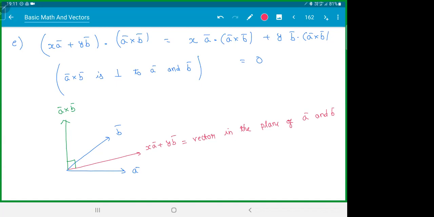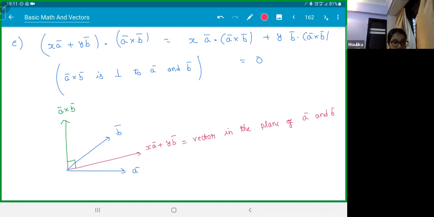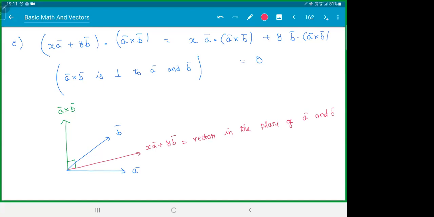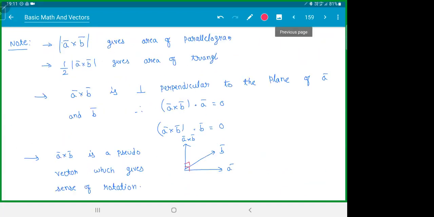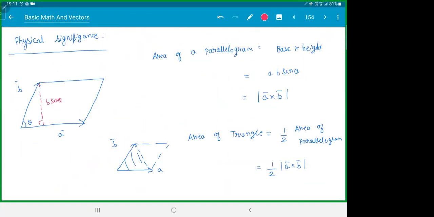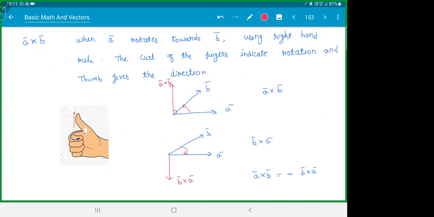Which two are perpendicular? Malika? Sir, that A bar cross B bar is perpendicular to A bar and B bar. But I had just written this. Ah, sir, but that is the whole definition, na? See, when we wrote here A bar and B bar, what is A cross B bar? It's your thumb pointing outside the paper.